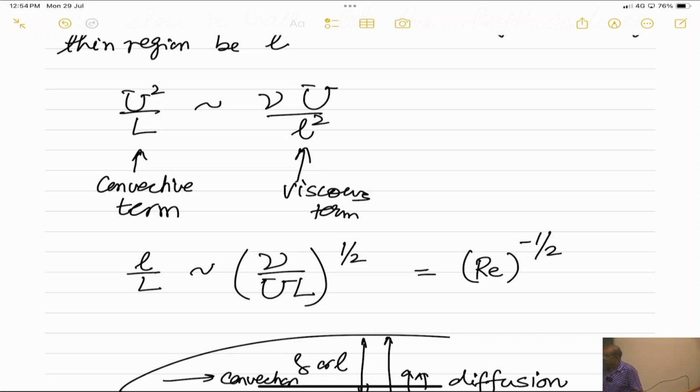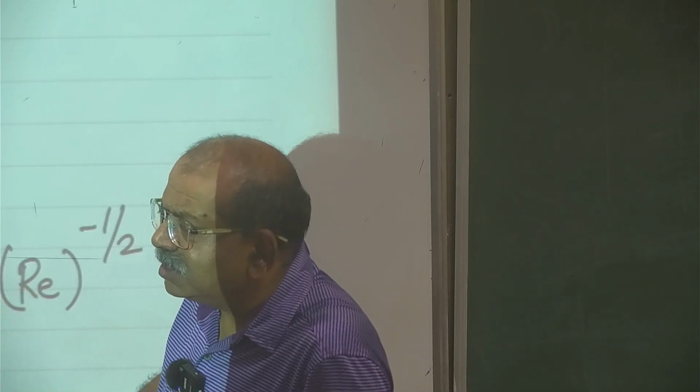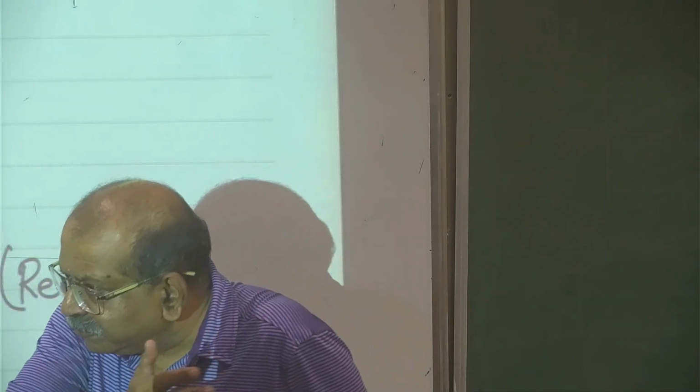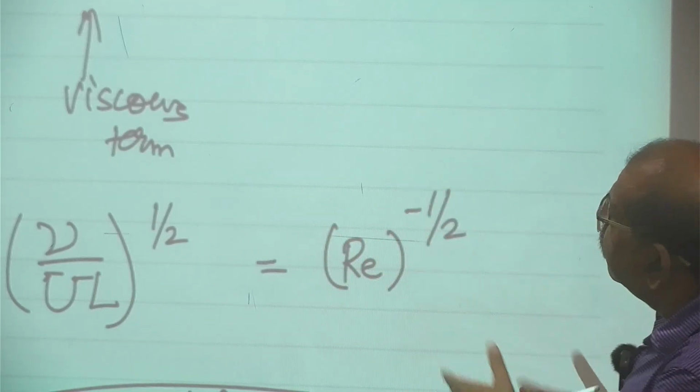There is a pressure term also, but for this flow, this argument of convection and viscous term being of the same order is the crux of boundary layer, that the convection which takes place and the diffusion which takes place, they will be of this.